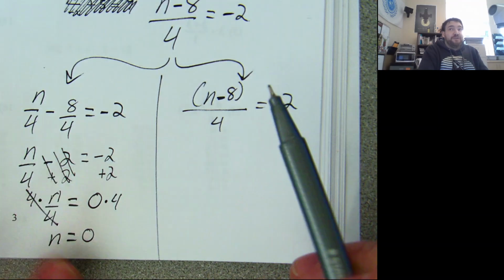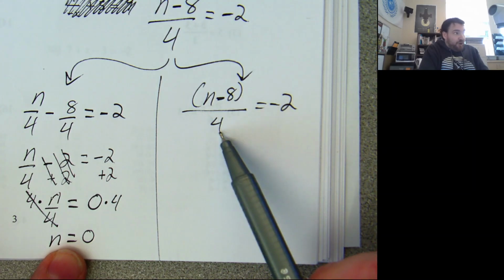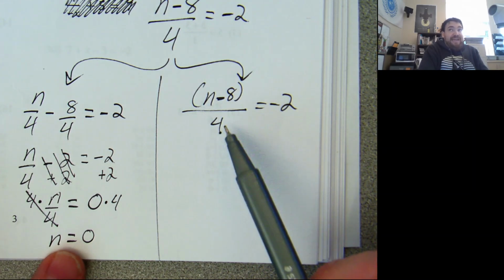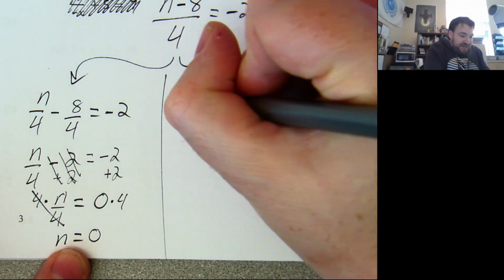So the thing I need to do first is actually get rid of this 4. If I'm dividing by 4 on this side here, to get rid of it to the other side, what do I have to do? I'm going to multiply both sides by 4.